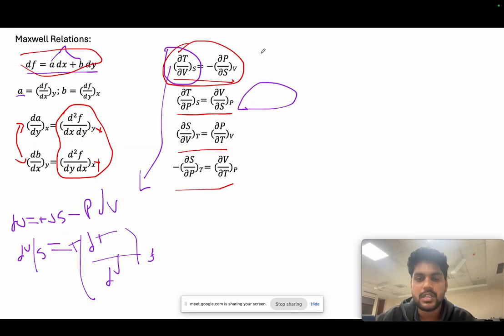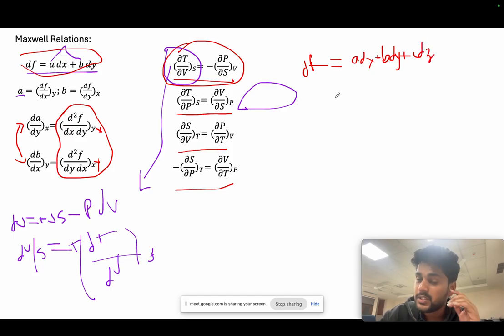If you know the Legendre transform, I can write it here. It says df equals a dx plus b dy plus c dz. If you want to transform this system, these act as conjugate pairs.